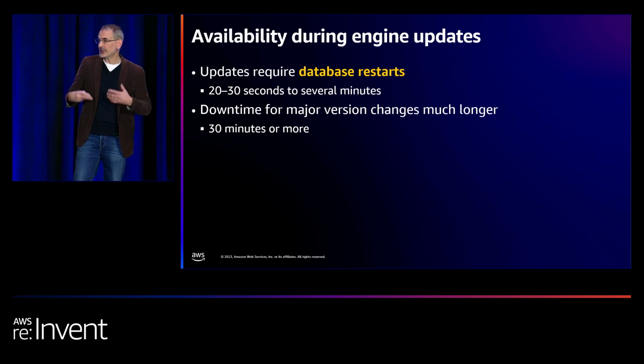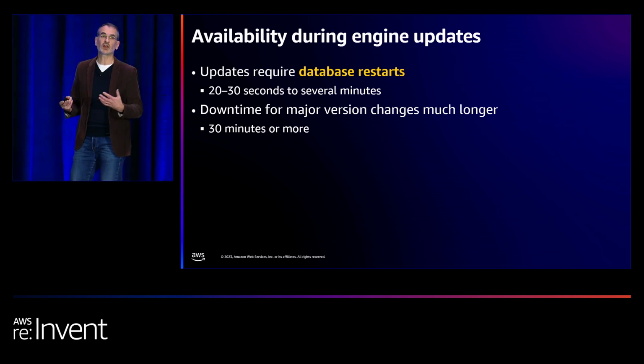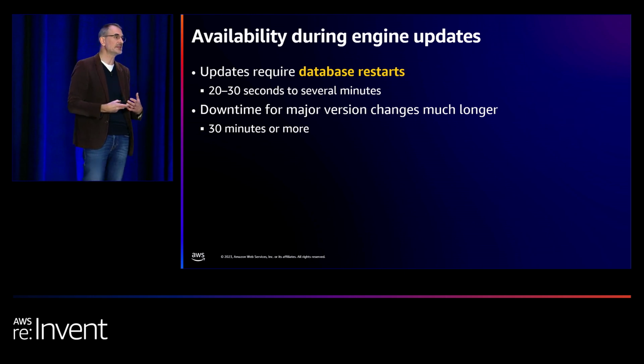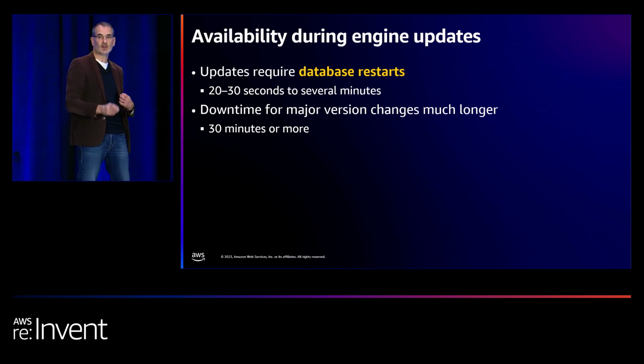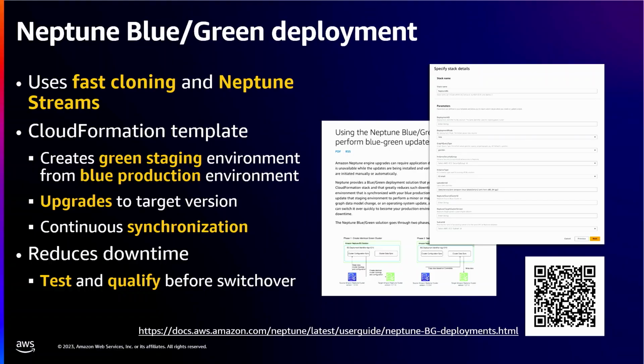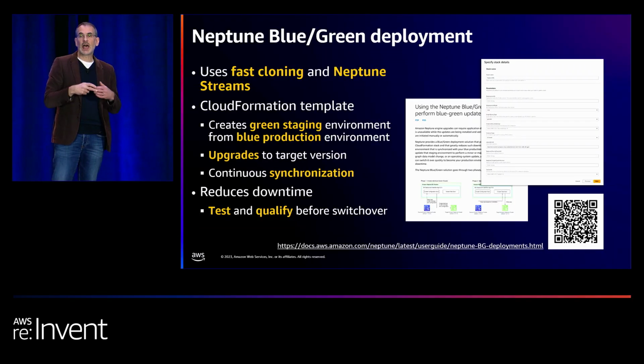So this is obviously a bit of an issue, and we've spoken to many customers who've asked, are there ways in which we can mitigate or minimize this downtime, particularly for those major version updates? So that's why earlier this year, we released Neptune blue-green deployment, which allows you to clone a blue production cluster to a green cluster where it's upgraded in place, and then migrate your application to that green cluster once you're happy that it's all working well, and minimize the downtime.